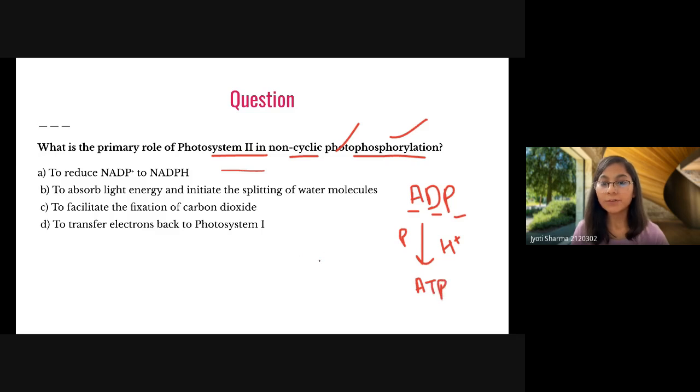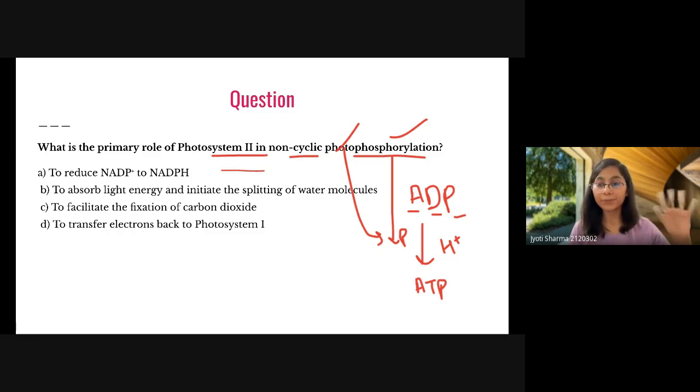So in the presence of sunlight, adding one more phosphate into ADP changes ADP to ATP. This is photophosphorylation.